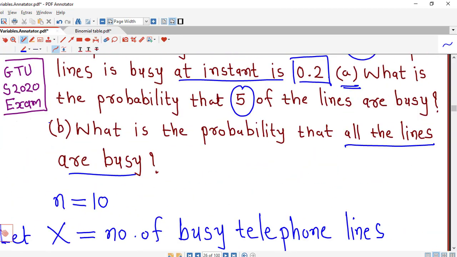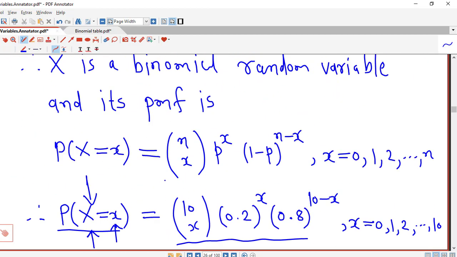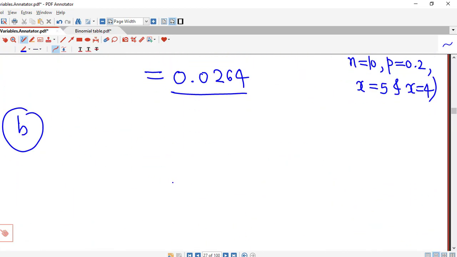In part B, what is asked? We have to find the probability that all the lines are busy. That means small x equal to 10. So now we find the probability in part B: the probability that all the telephone lines are busy.